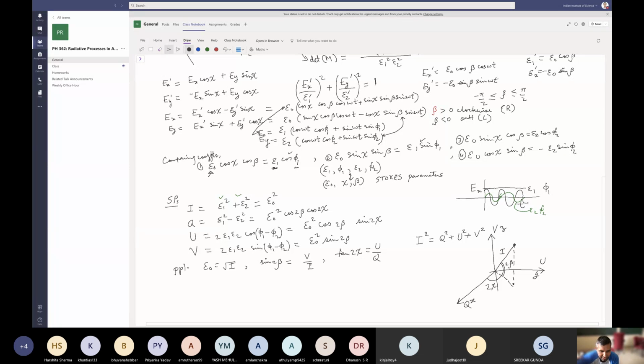So you can see these relations: V equals I sine 2 beta. This is like your spherical coordinates. So I lies on a sphere, because I squared equals Q squared plus U squared plus V squared. And that sphere is called the Poincare sphere.